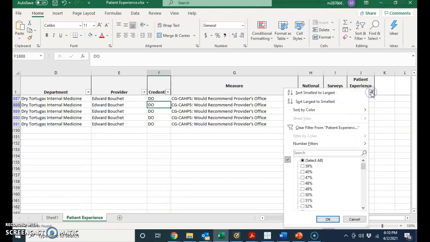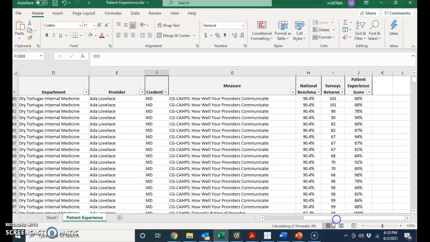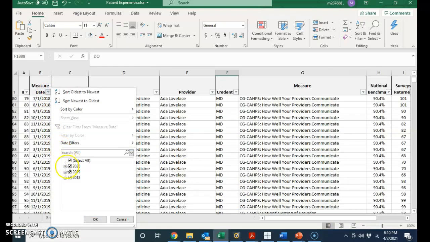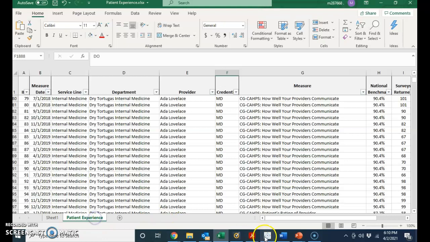I also noted that there is some data included in here for 2020, and the assignment only asks us to look for the years 2018 and 2019. So you'll see as we get into the Tableau visualizations that there are filters applied to remove year 2020.